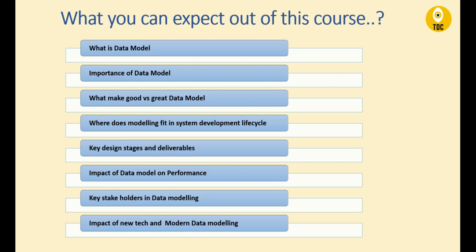That's also very important to understand, because most often people think, okay, once you create a data model for a project, that's it, right? It is not, because we are working in agile kind of projects, where it is not true. And also you need to consider key design stages and deliverables, right?